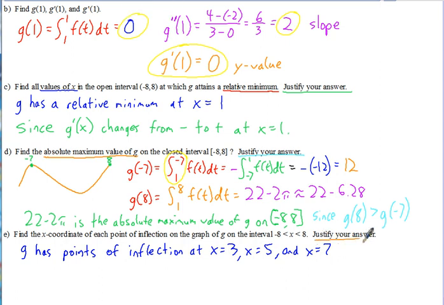And the way to justify that, and the reason why we knew those were points of inflection, is since g double prime of x changes sign at x equals 3, x equals 5, and x equals 7.